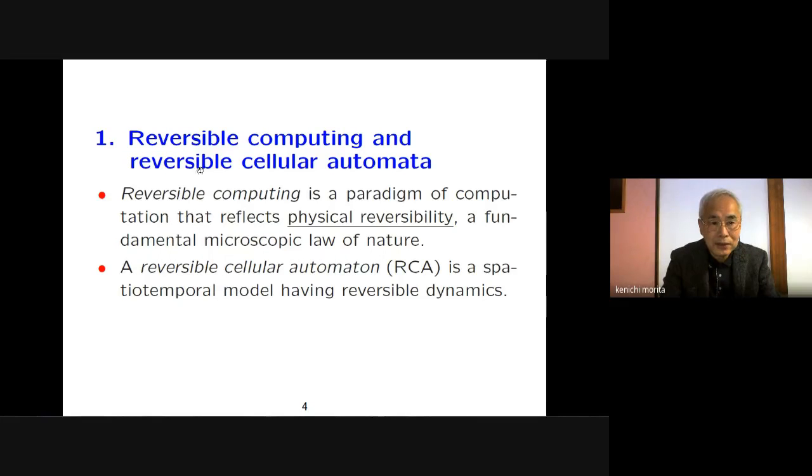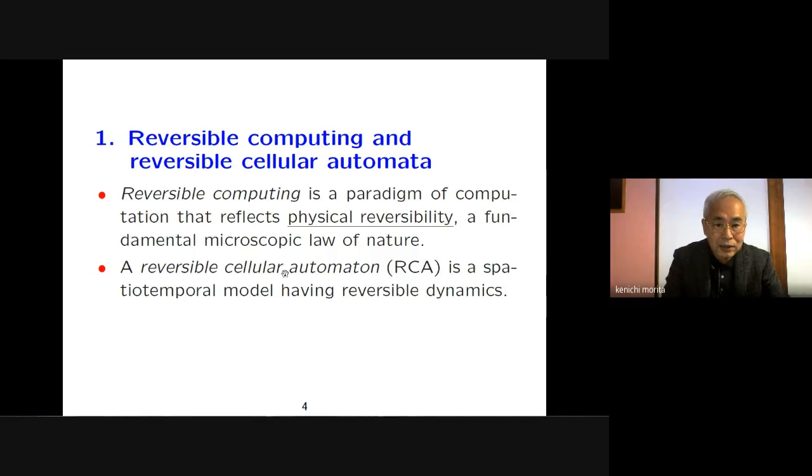Now, at first, I explain briefly reversible computing and reversible cellular automata. Reversible computing is a paradigm of computation that reflects physical reversibility, a fundamental microscopic law of nature. A reversible cellular automaton is a spatio-temporal model having reversible dynamics.